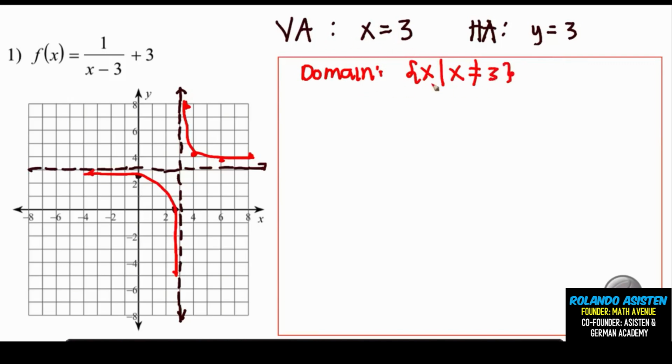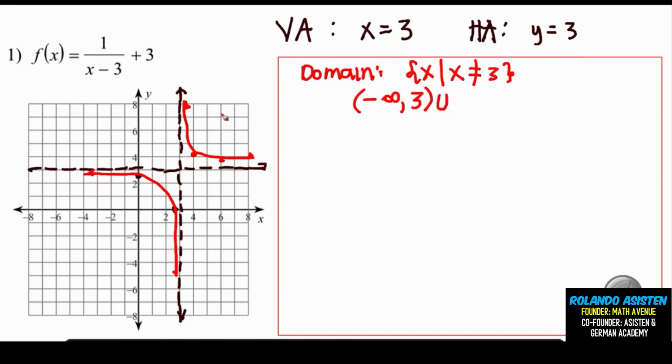This is written in set builder notation. An equivalent way of writing this in interval notation is to look at the graph. The graph is coming from negative infinity going to x equals 3. So going to 3, but does not touch 3, so it's an open interval.